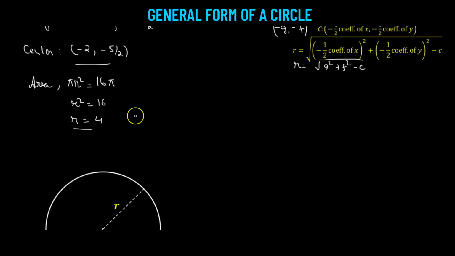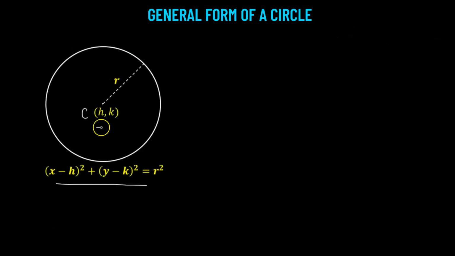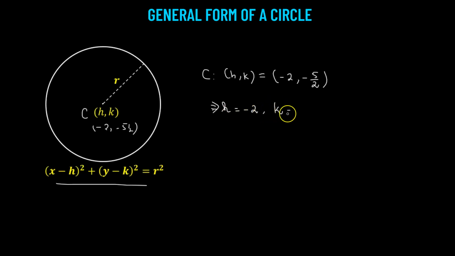In our case, we have already defined the center, negative 2 comma negative 5 over 2. So we can immediately define the value of h and the value of k. h is negative 2 and k is negative 5 over 2.